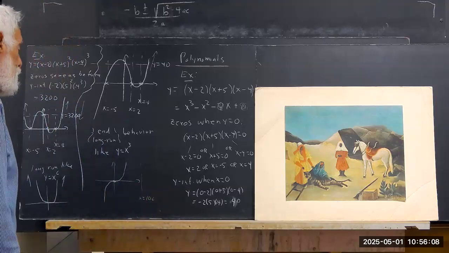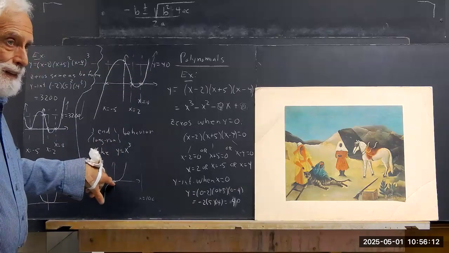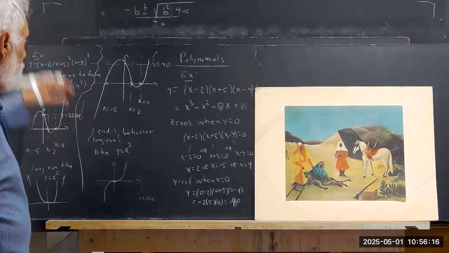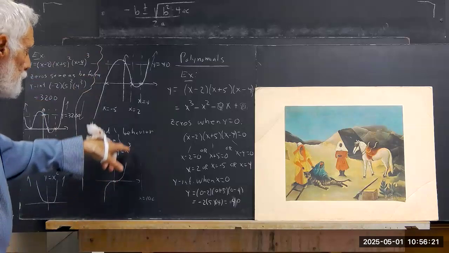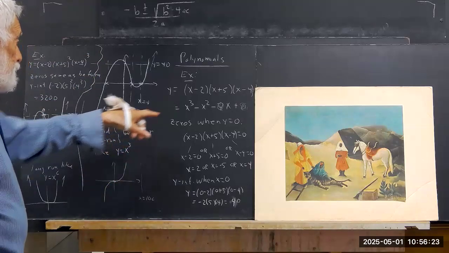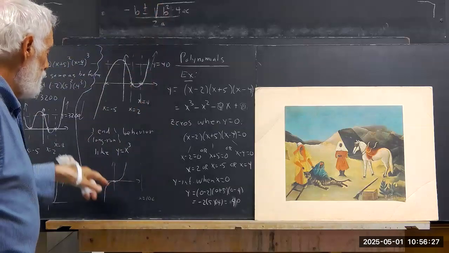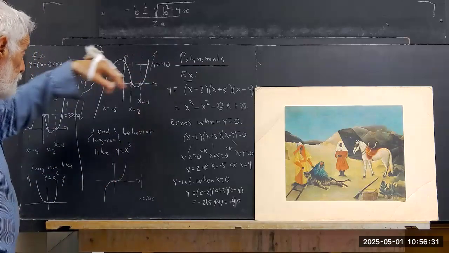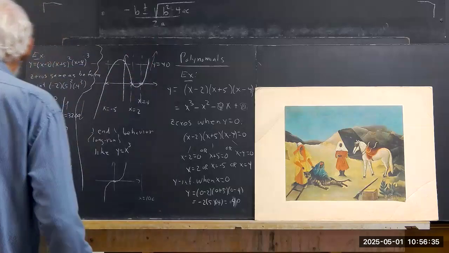And then the wiggles that we see here become small. So anyhow, we get this graph. Since we're sort of embedded in this x cubed function, it goes down here, it goes up here. And it approaches negative infinity on this side, positive infinity on this side, and we can easily draw a curve.